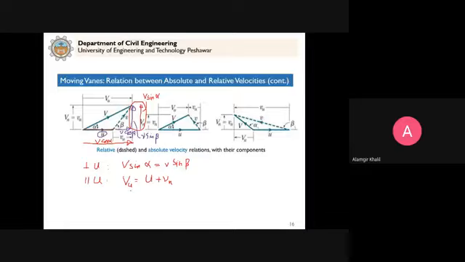So what is Vu? In the u direction, it is V cos of alpha. And u has a component in this direction, so this is u. And what is the u component of small v? It is small v cos of beta.